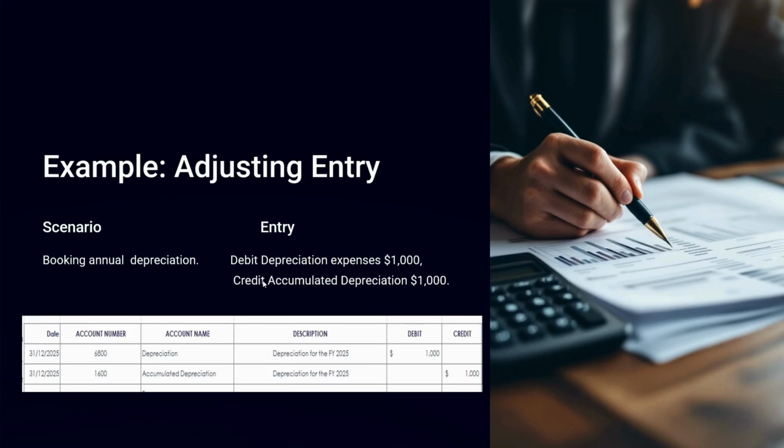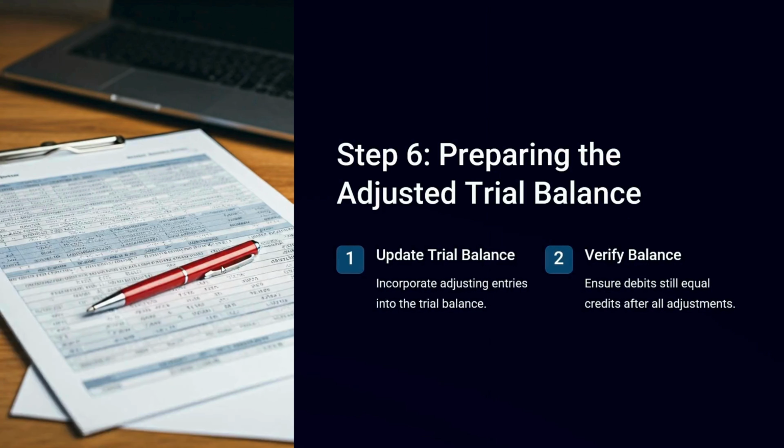After we have recorded all these transactions, let's update the trial balance to reflect these adjustments. Step number 6, preparing the adjusted trial balance. The adjusted trial balance includes all adjustments made to account balances. These steps ensure debit still equals credit and reflect the most accurate picture of the company's finances.